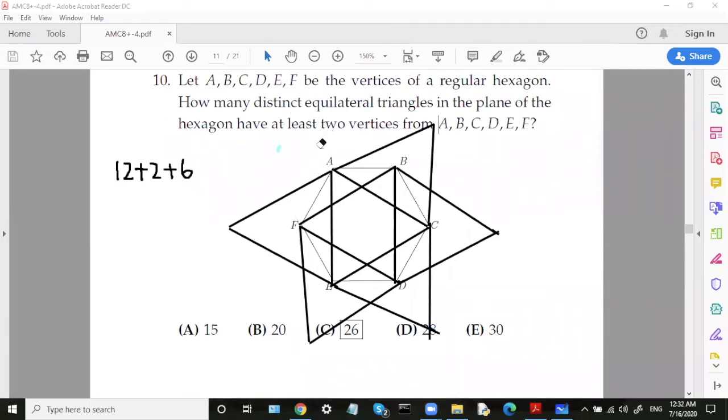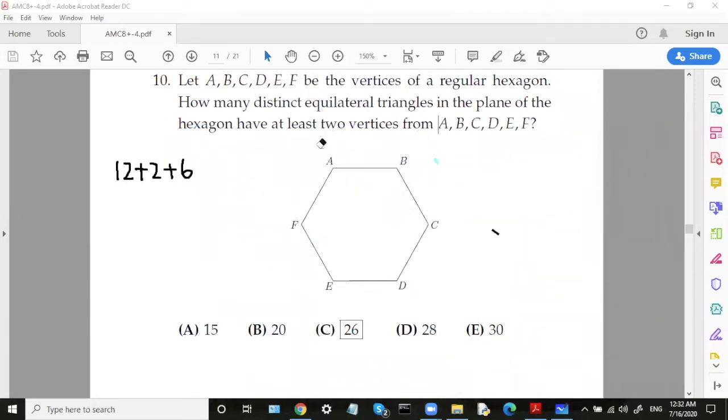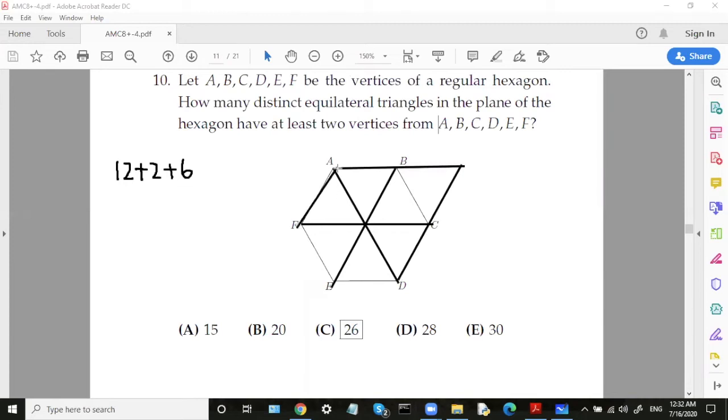Okay, so we erase all these triangles. The last case is we connect the diagonals AD, BE, and FC. As we know already, on each side we can actually construct 2 equilateral triangles like this.